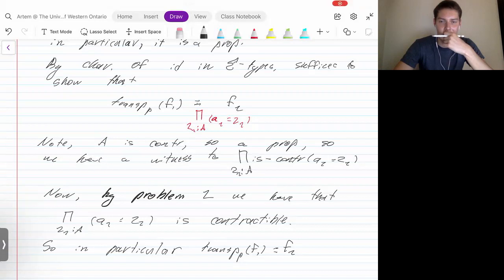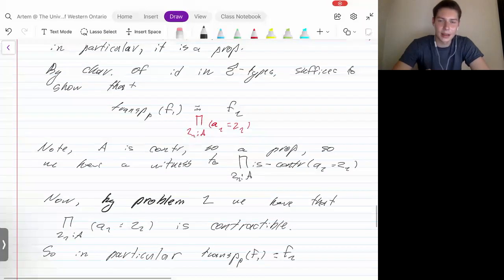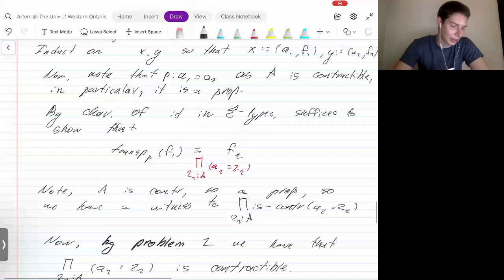I'm not sure. I'm suddenly not as familiar with the Agda notation and the library that you use.